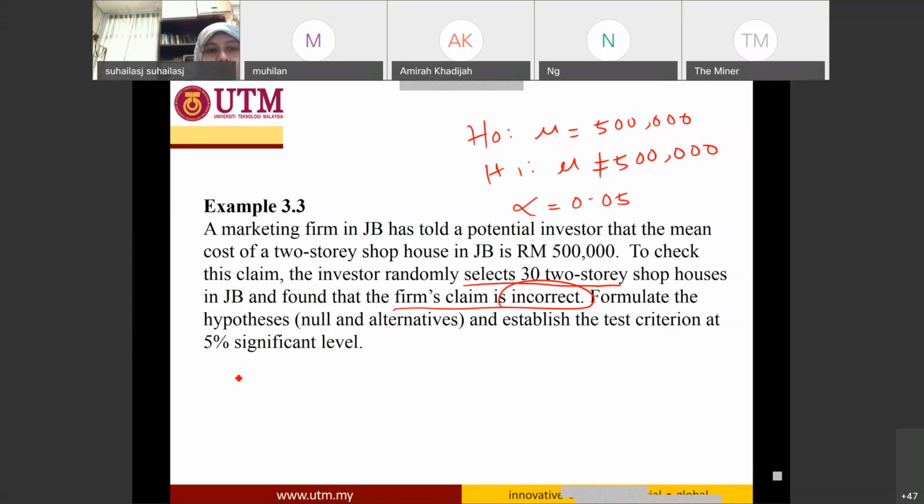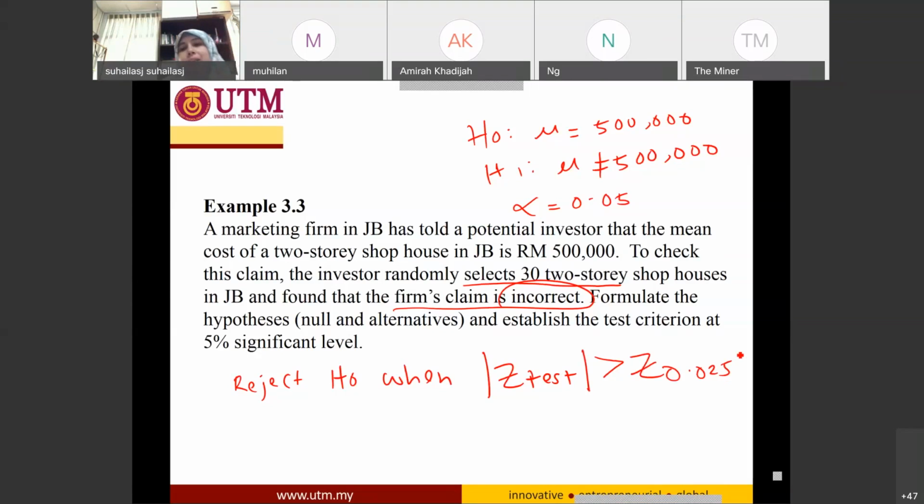Okay, so criteria dia, reject H0 decision model when you have modulus Z test, okay, it can be positive or negative, greater than Z alpha over 2. Dapatlah daripada table tu. Okay, so itu how we construct dia punya test criteria.